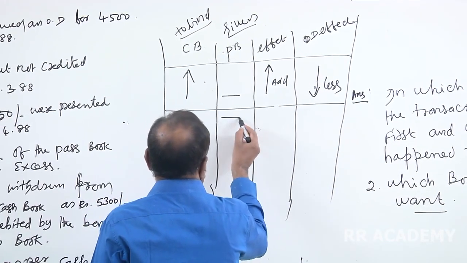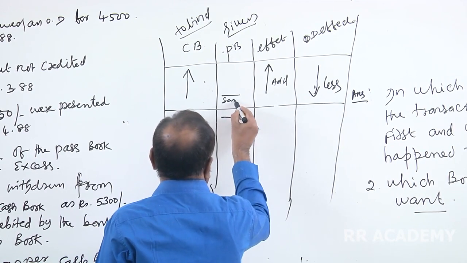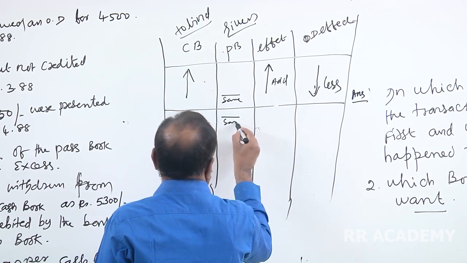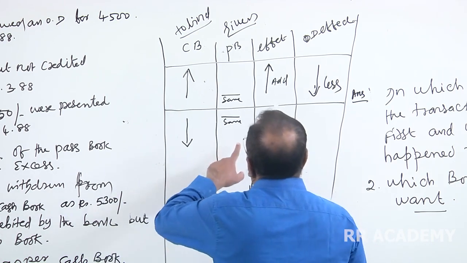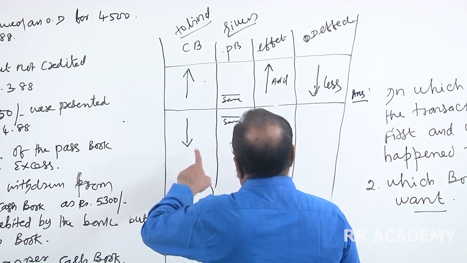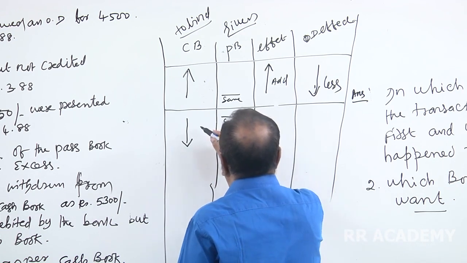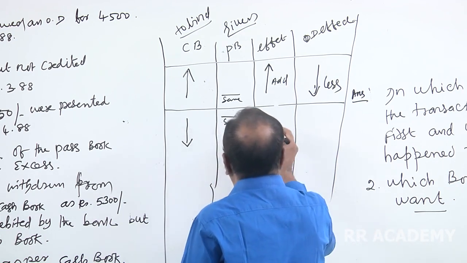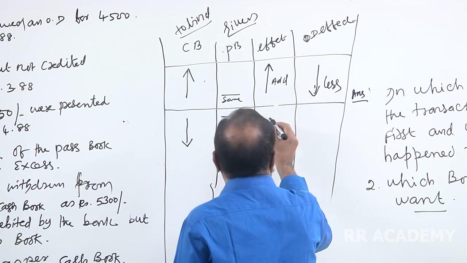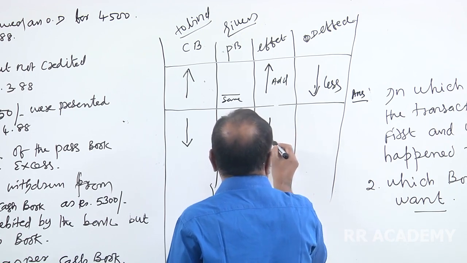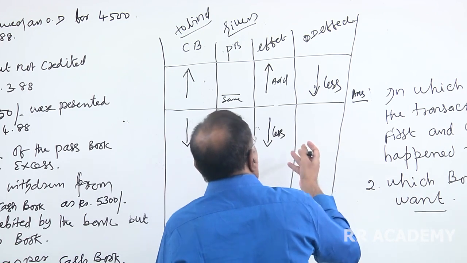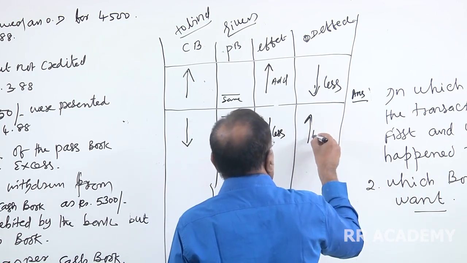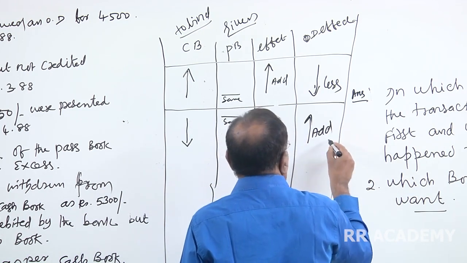Passbook, same. You want the cashbook. If you want the cashbook, what should we do? Less. But this is an overdraft problem, therefore add. Finished answer.